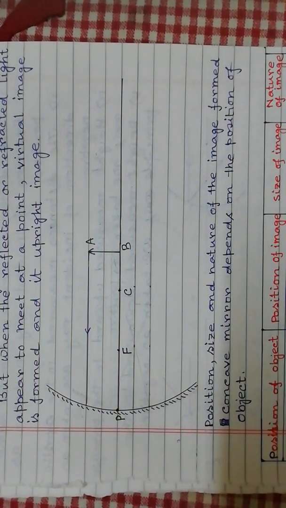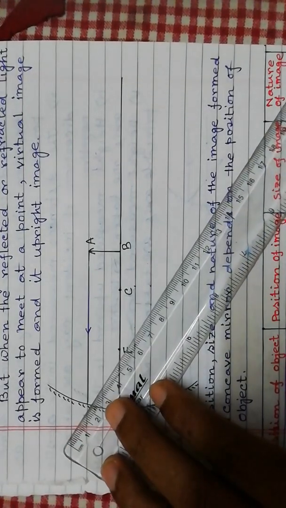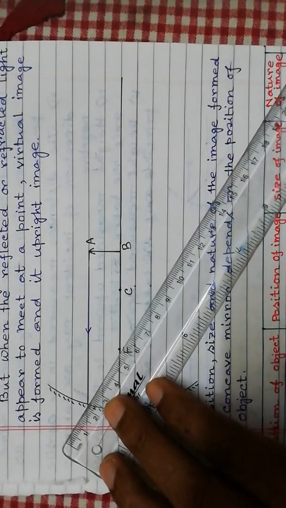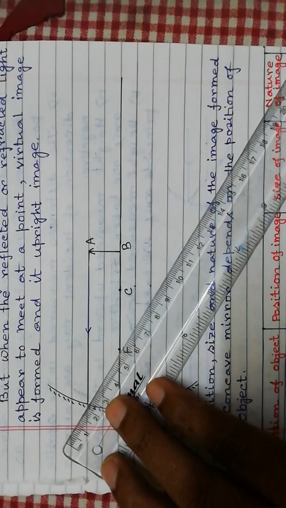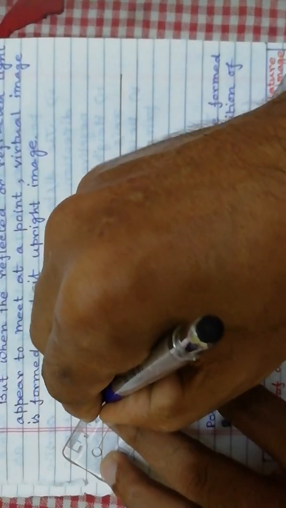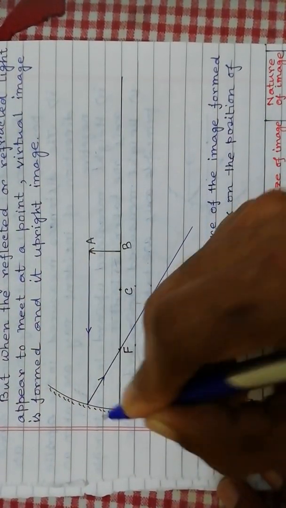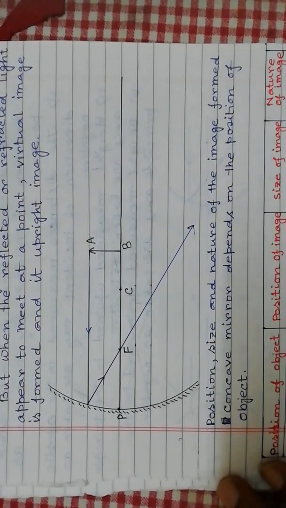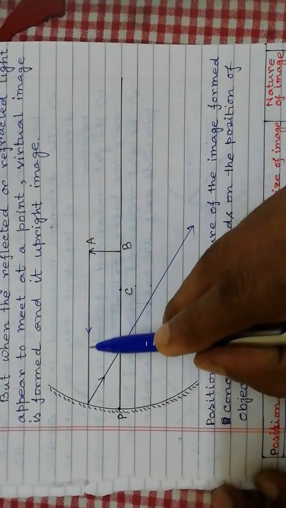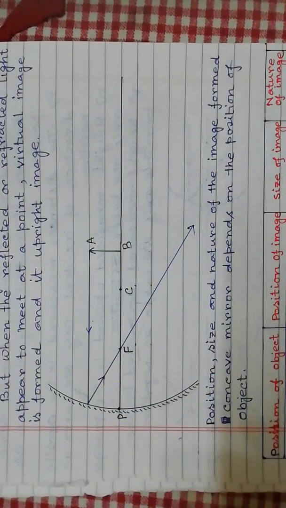According to the reflection by the concave mirror, this parallel ray is reflected through the focus. So you put your scale and it will reflect through the focus. This is the reflected ray.